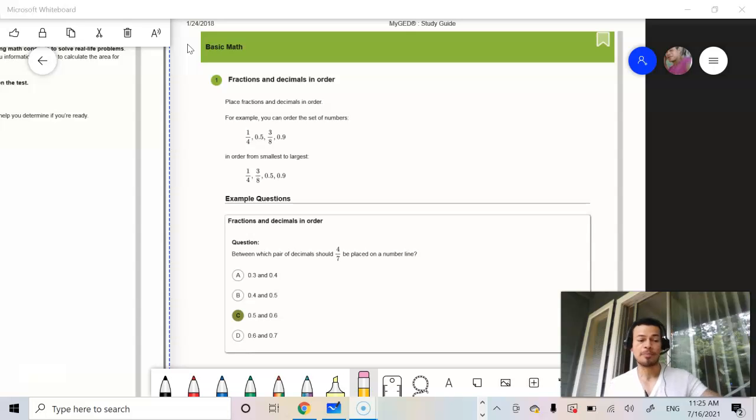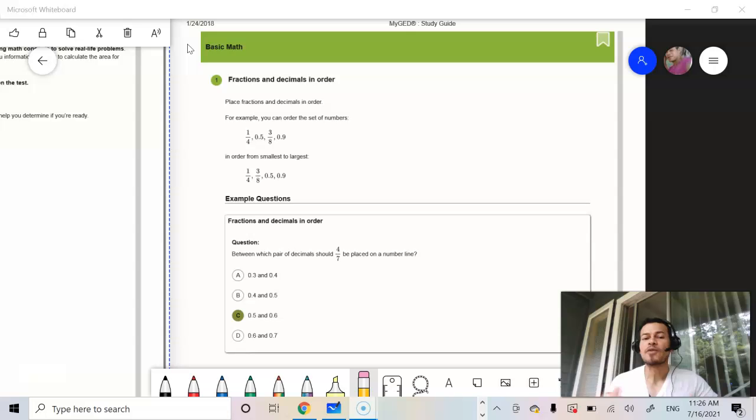Okay, so if you are getting ready to take this standard test, we are going to study the math section of the test. The material that I'm going to review with you is available on the GED website. I'm going to give you the link in the description below so you can click on it and see it if you want to do it, okay?